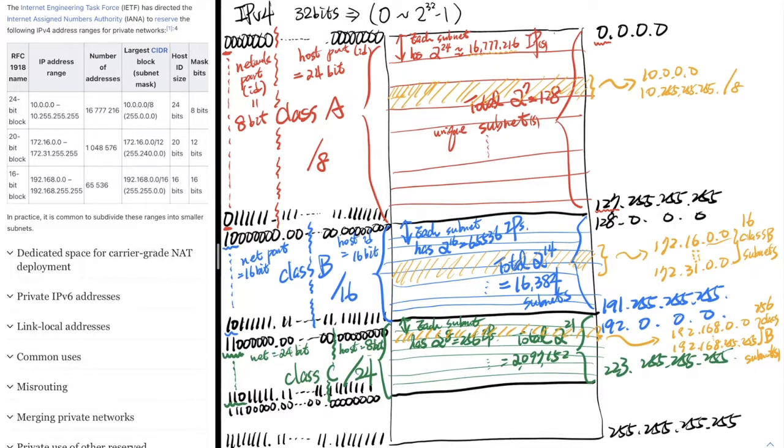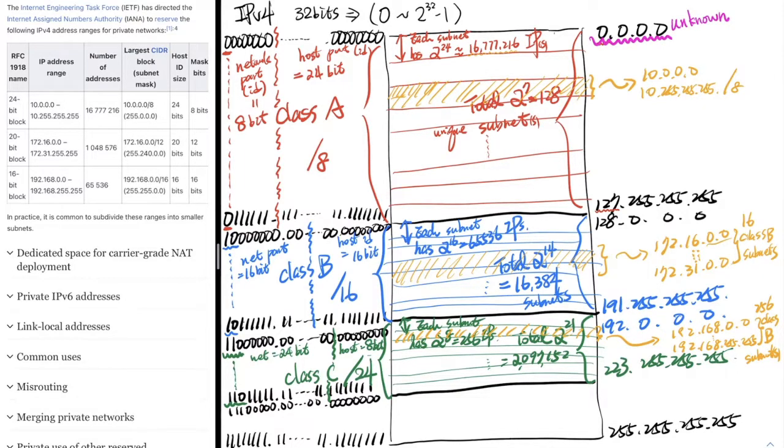Again, this one, 0.0.0.0, because it is an IP address where all bits are 0, it is a very special IP address. You should not use this IP address because it indicates an unknown IP address.